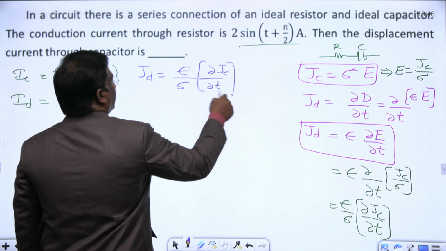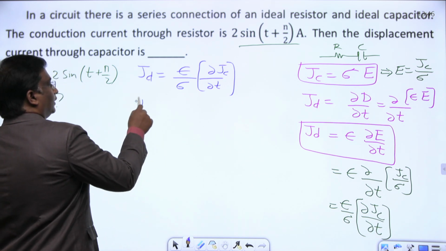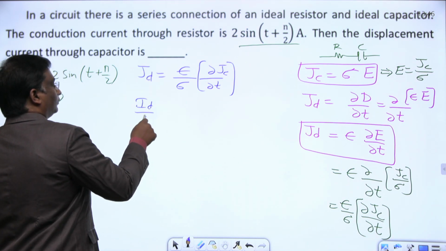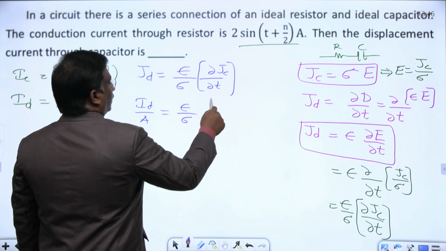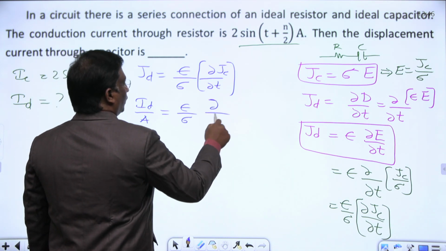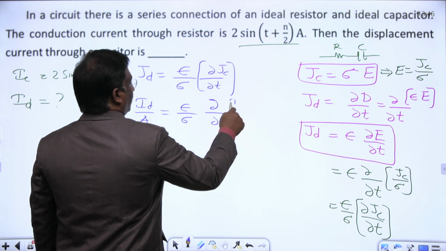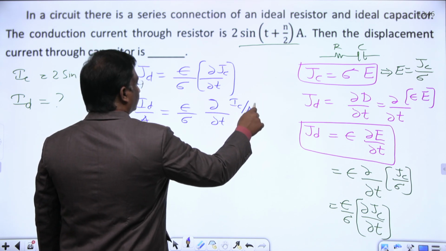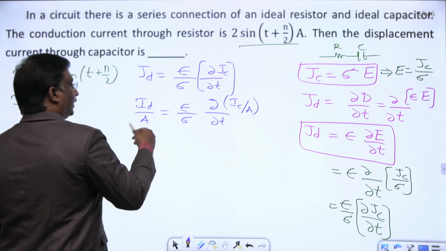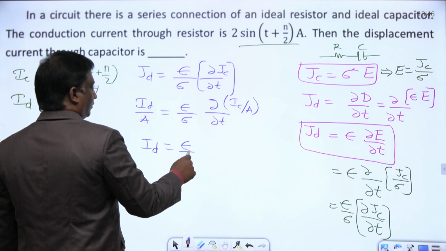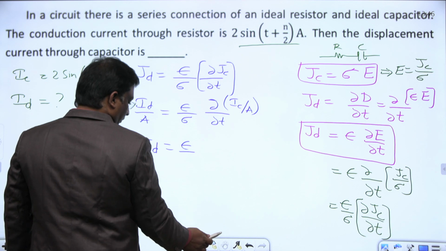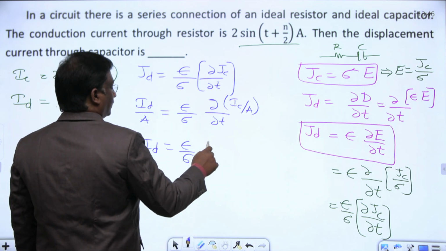Current density is current per unit area, so this is ID by A, equal to epsilon by sigma dou by dou t of IC by A. A is a constant, so A is getting cancelled. This epsilon by sigma I can write as RC itself directly.